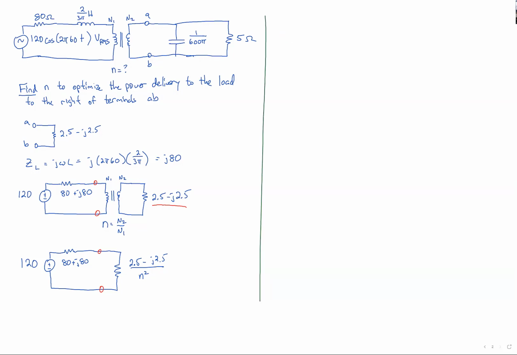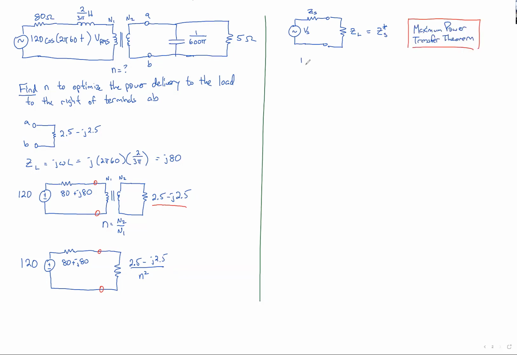And now we'll use the maximum power transfer theorem. And that says that if you have a source with a source impedance, the load that dissipates the maximum power is the complex conjugate of the source impedance. And that's the maximum power transfer theorem.